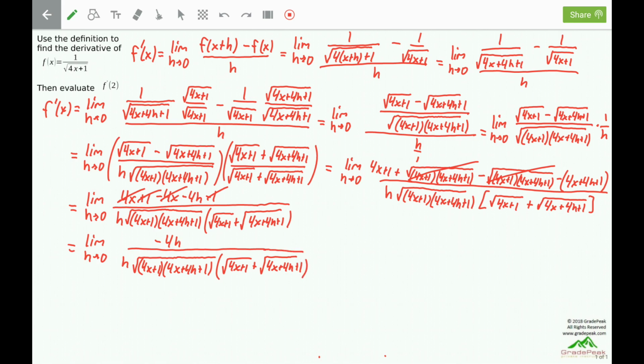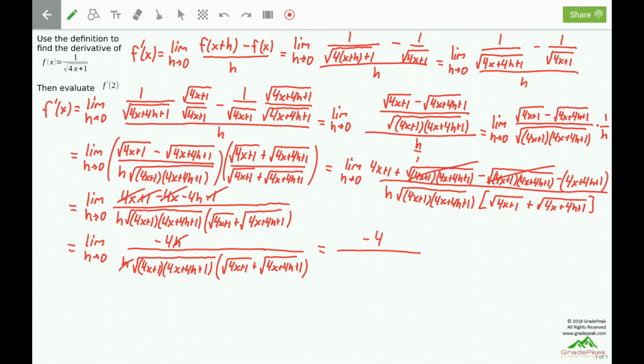So let's go ahead and cancel these h's out. And we no longer have the 0 over 0 indeterminate form. And we can plug a 0 in for any remaining h's. There are no h's in the numerator.